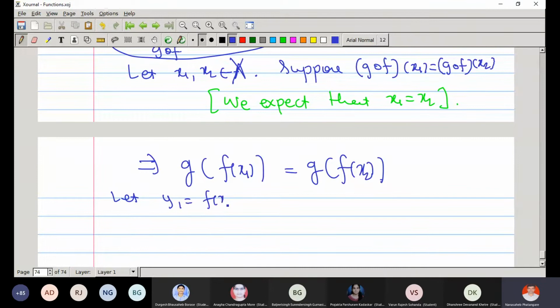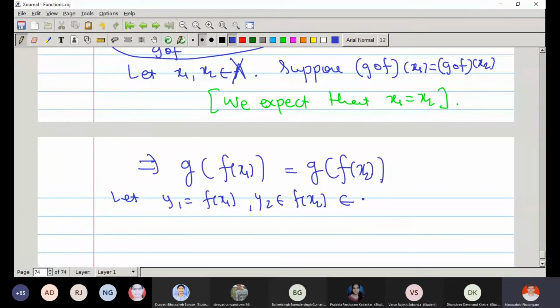Where are these 2 points, y1 and y2? In set Y, correct? Second set. Fine. Therefore, g of y1 is equal to g of y2.